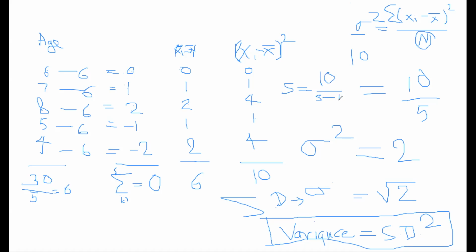You can refer to slide number 35, I believe. 5 minus 1 is 4. So s square for the sample is 2.5. Basically, this is the sample variance, and small s is the square root of 2.5.